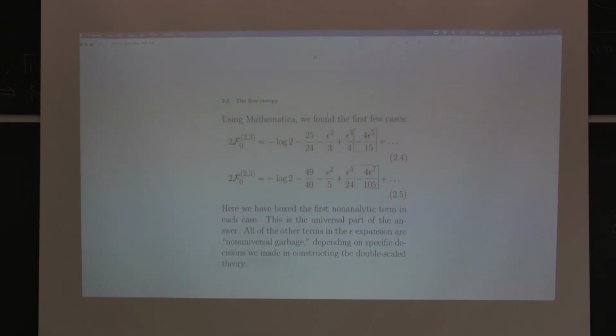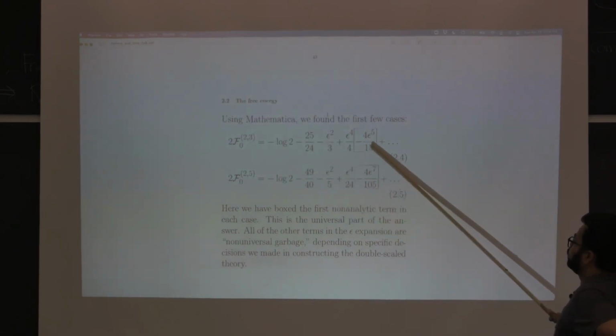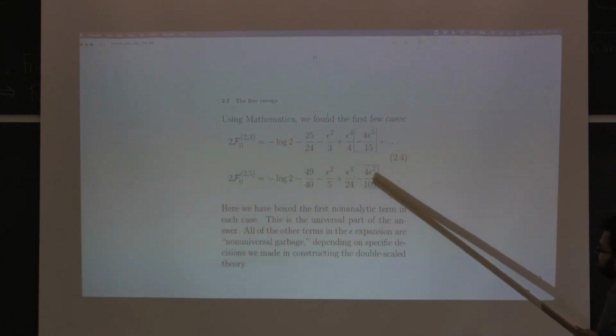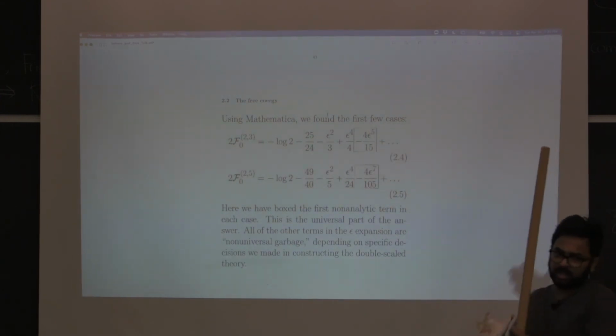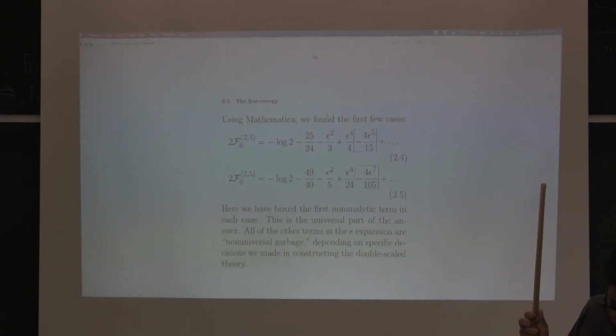It doesn't look like this, but the point is epsilon shows up in these coefficients, and it shows up only with even powers. So coefficients of the potential have even powers of epsilon, and the thing you're supposed to do is to look for the first term, which is an odd power of epsilon. This can be done fairly explicitly for each P, and there's also even an analytic way to do it.